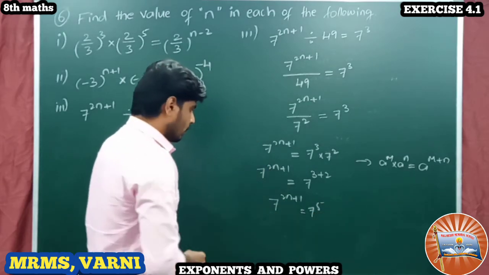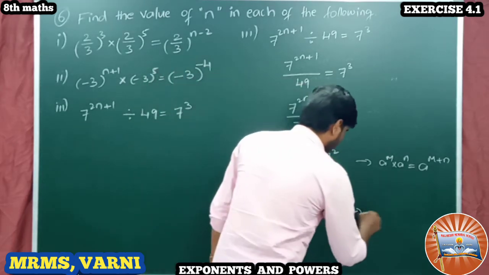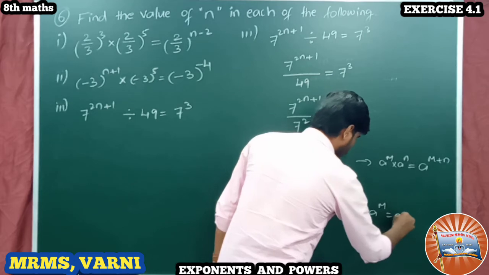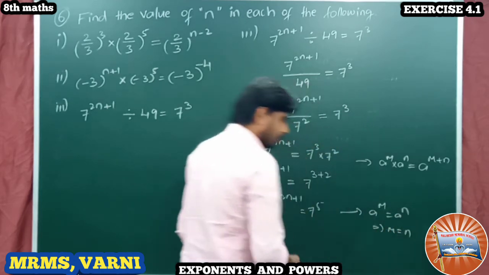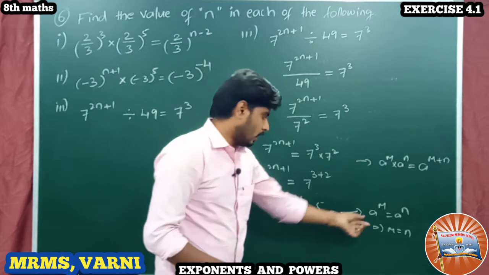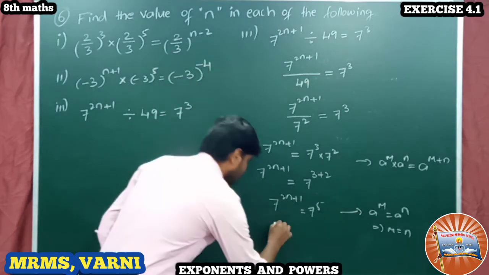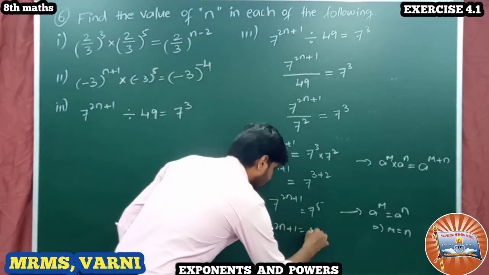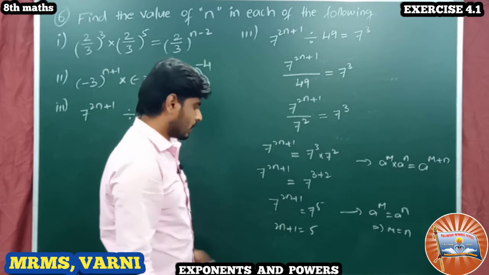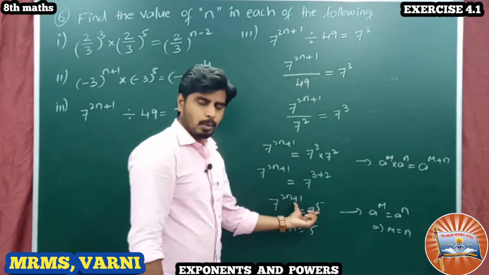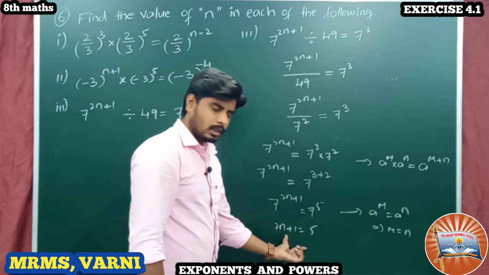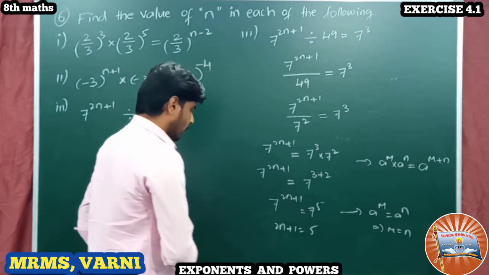Is it clear? Now again with the formula, a power m is equal to a power n, we can write m equals n. With this formula, 2n plus 1 is equal to 5. Since the bases are the same, we equate the exponents.